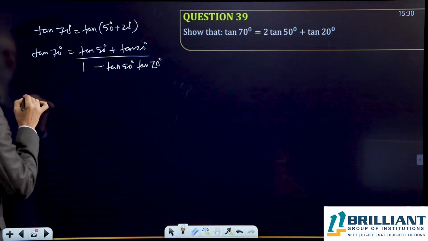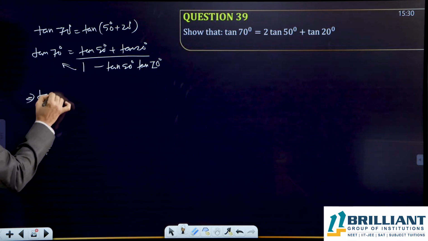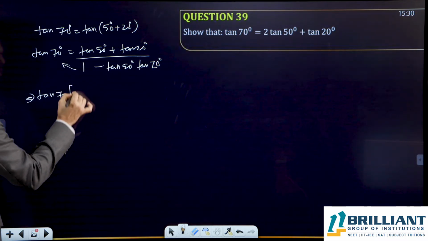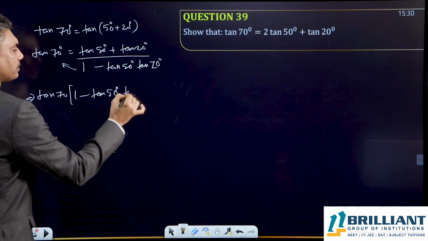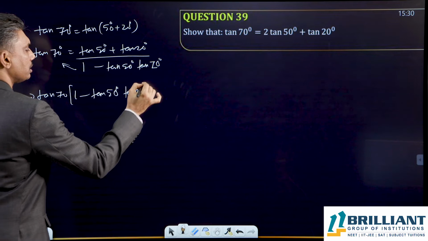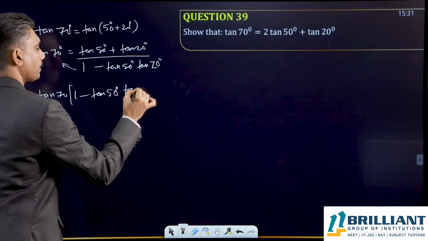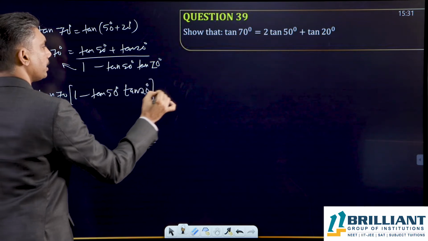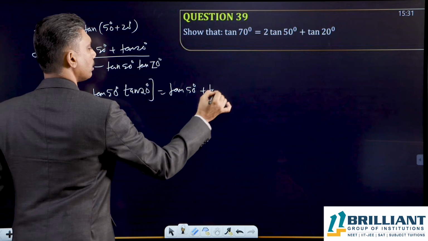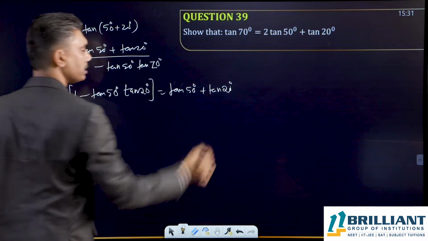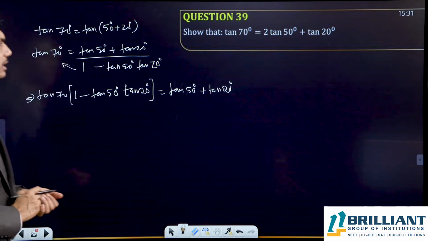Now cross multiply. Tan 70 into 1 minus tan 50 into tan 20 equal to tan 50 plus tan 20, right?